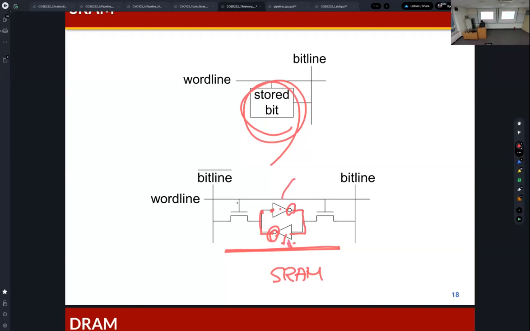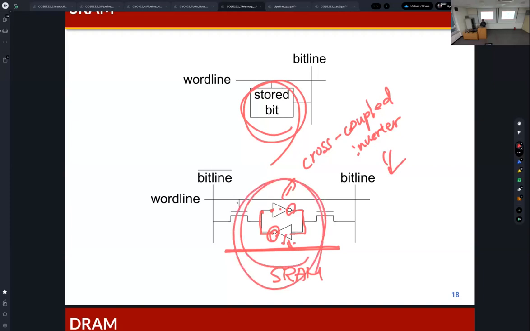So it is called a cross-coupled inverter. If you took the digital course, this is bistable logic, which means that we can store data in this cross-coupled inverter.